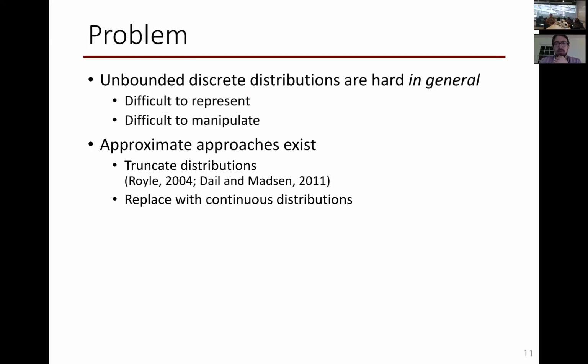There are a couple of approximate techniques. The main one that's used in ecology, and the main one that I'll focus on in this talk, is to truncate the distribution. Essentially, if I have a latent variable that's discrete with unbounded support, in the top vector, I'm simply going to choose some value n to be the upper bound, and say that this distribution actually just has support from 0 to n.